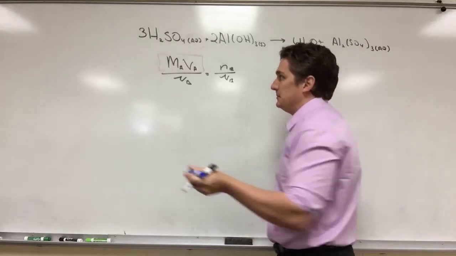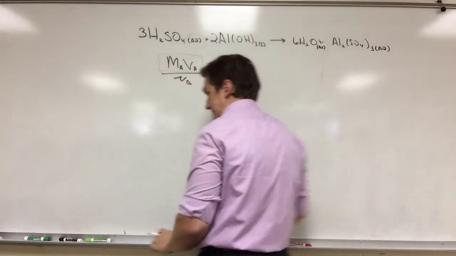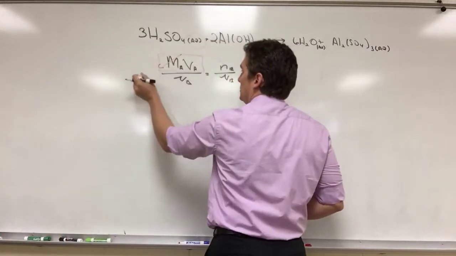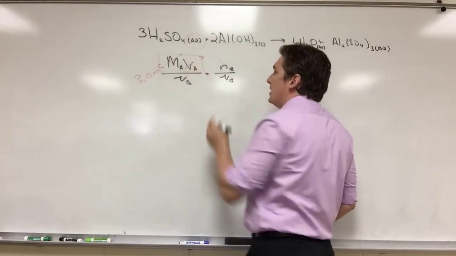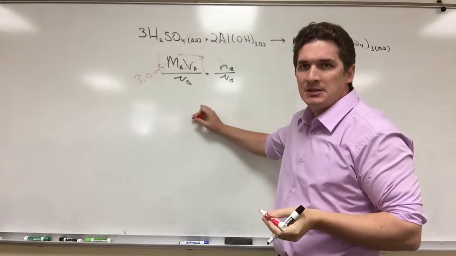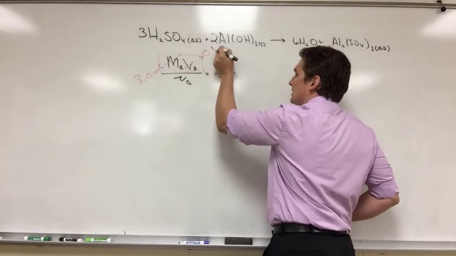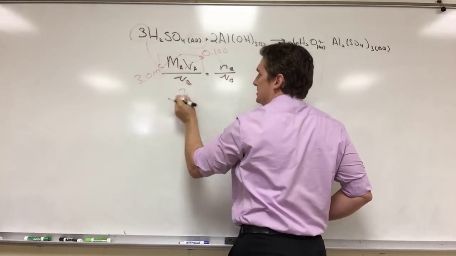So put in what you know. We know that we've got a 3 molar H2SO4 solution. We have 100 mLs, but the thing to keep in mind here is that we only have volume on one side, so we need to work in milliliters. And this new here is going to come from the reaction.